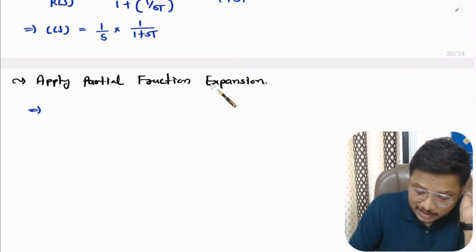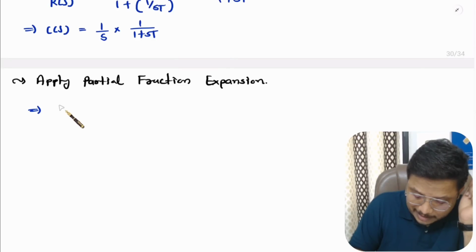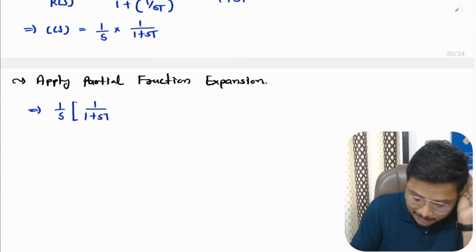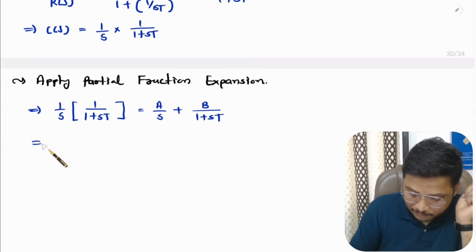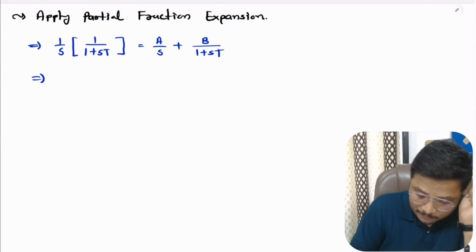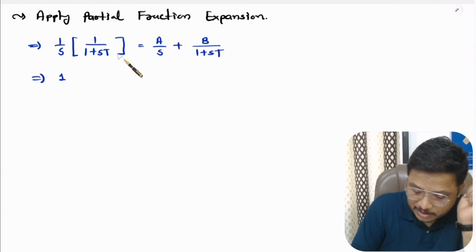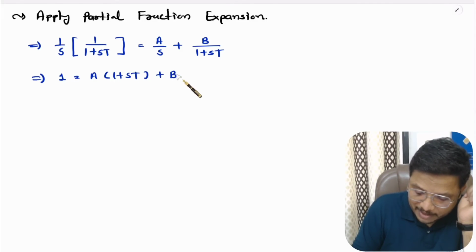Here in partial fraction expansion, this term, 1 by s into 1 divided by (1 plus sT), in additive form will be A divided by s plus B divided by (1 plus sT), right? If you further simplify this, in the numerator we will have 1, and after cross multiplication, with A we will have (1 plus sT), and with B we will have s.